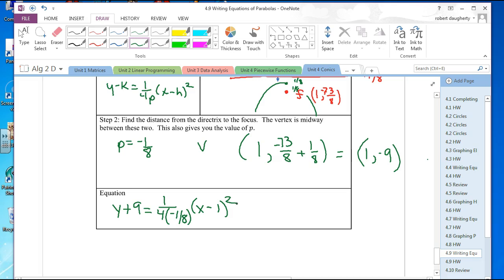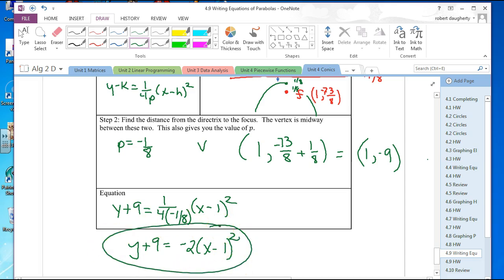What is negative 4 over 8? 4/8 is 1/2, so negative 1/2. What's 1 over negative 1/2? Negative 2. Guys, 1 over 1/2 is 2, and 1 over negative 1/2 is negative 2. So this is y plus 9 equals negative 2 times x minus 1 squared.